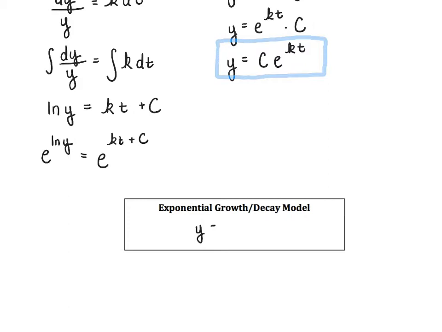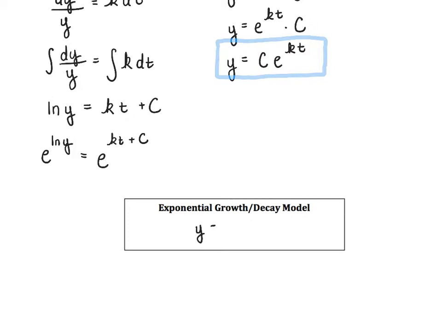And now it's important to note that c in this case will correspond to your initial condition, which you would probably be given or have to solve for using other information. And then k is what we refer to as the constant of proportionality. Just a little verbiage there.